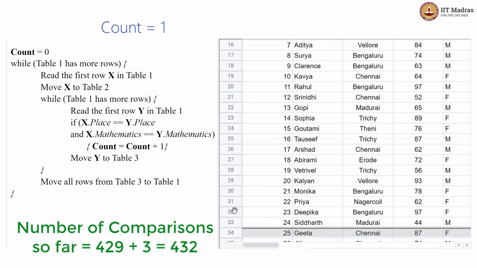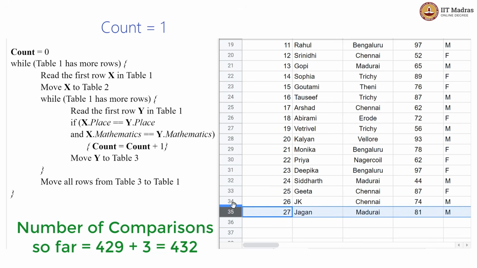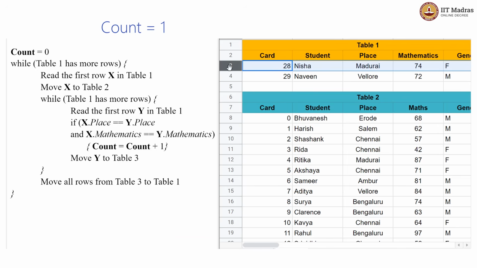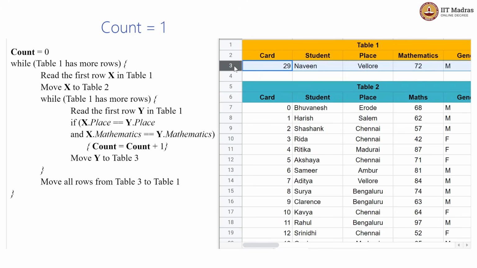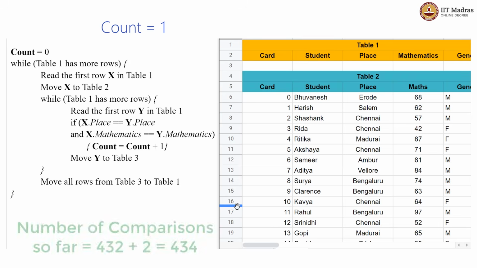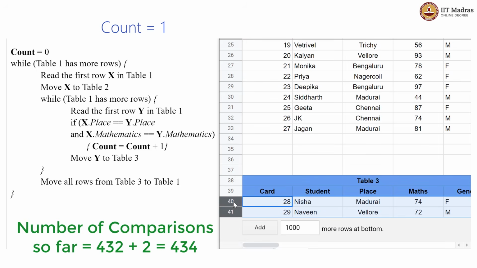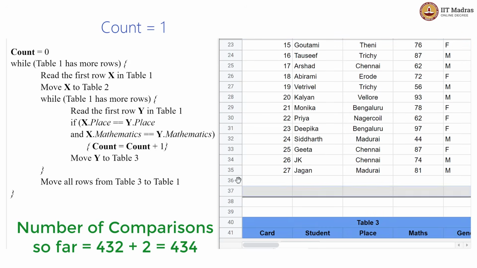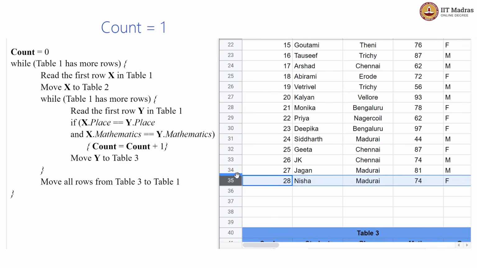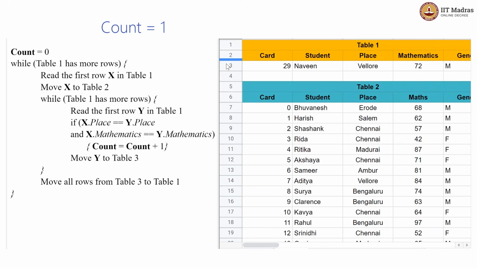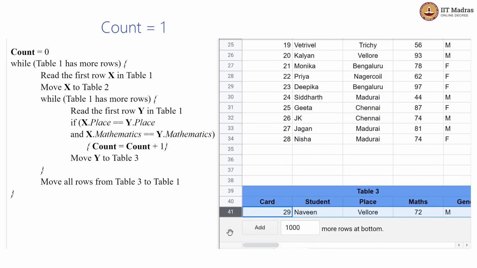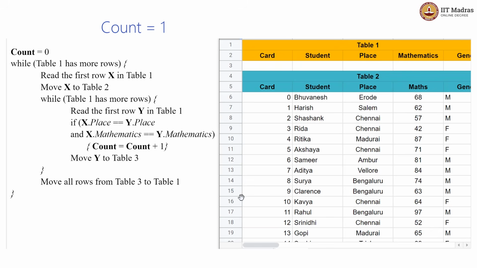This is row X now. That is Madurai 81. This is Madurai but not 81. Table 1 is empty again. We're bringing back these rows. This is row X now, which is Madurai 74. This is Vellore. So it goes to table 3. Now table 1 is empty.